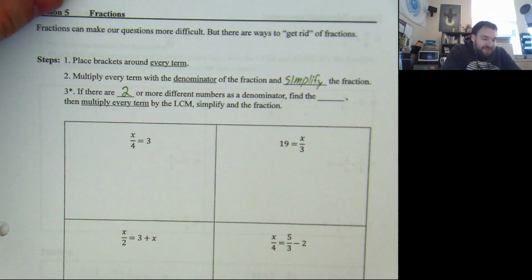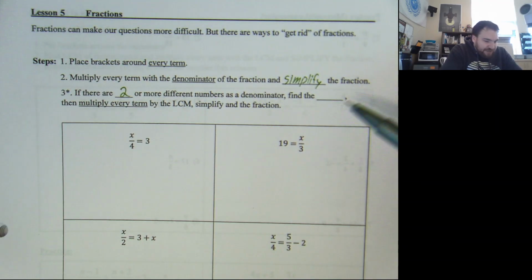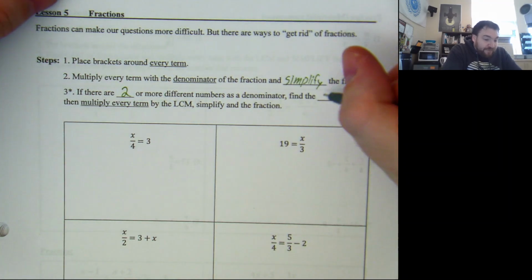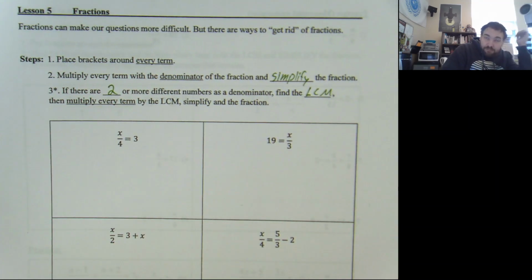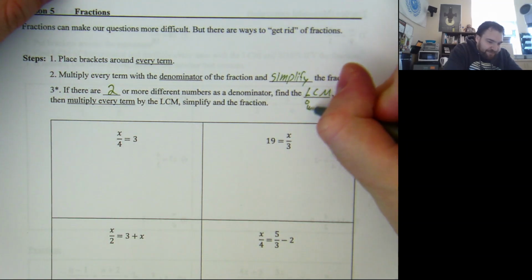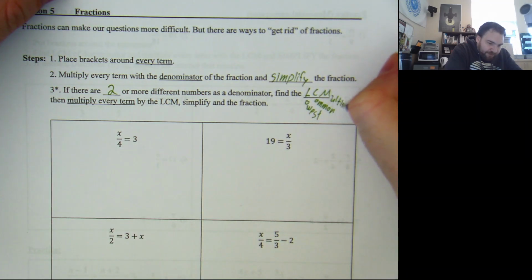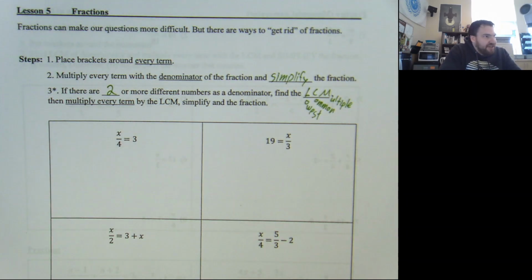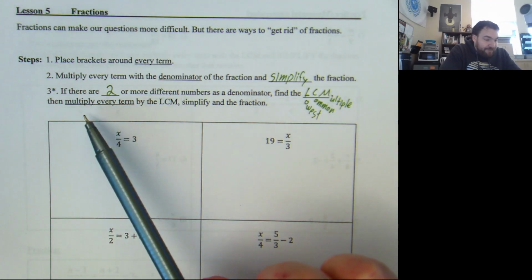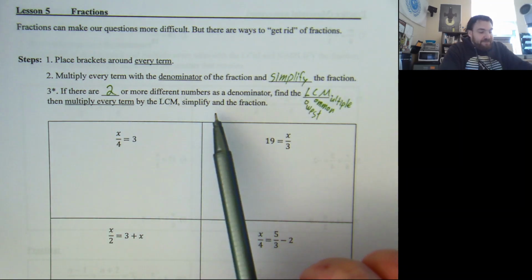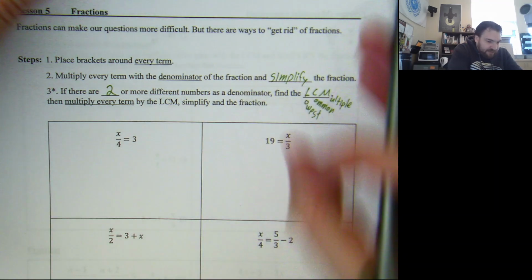If there are 2 or more different numbers as denominators, you can find the lowest common multiple, which I'll abbreviate as the LCM. Lowest common multiple, or the smallest number that both of the denominators go into, and then multiply every term by the LCM, and simplify the fraction.